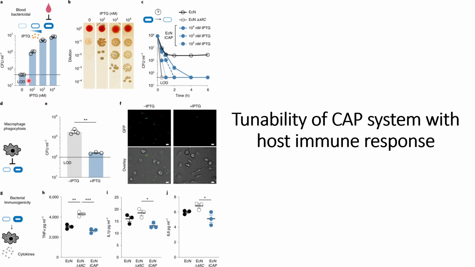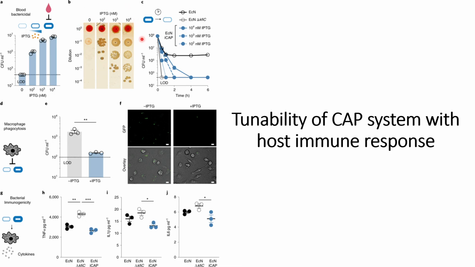But when they use IPTG, they can see an increase in the amount of bacteria. They have also shown this in panel B, where even with dilute concentrations of bacteria injections, with increase in the IPTG concentrations, they are able to see more bacteria compared to the case where there is no IPTG.